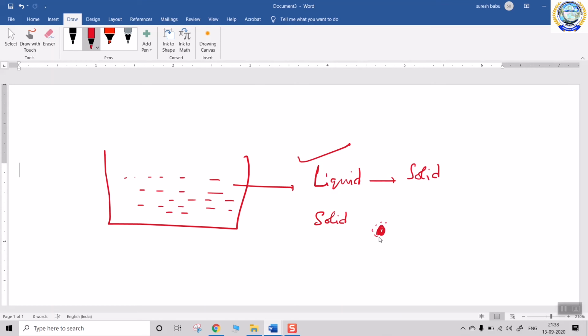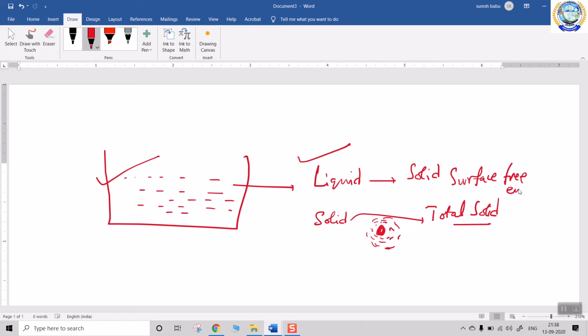It has to increase its surface. That means it has to solidify the total liquid. For that purpose, from this solid to total solid formation, we need some energy. That energy is called surface free energy. Is that clear?